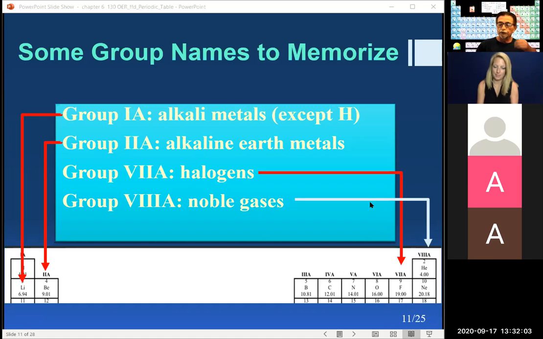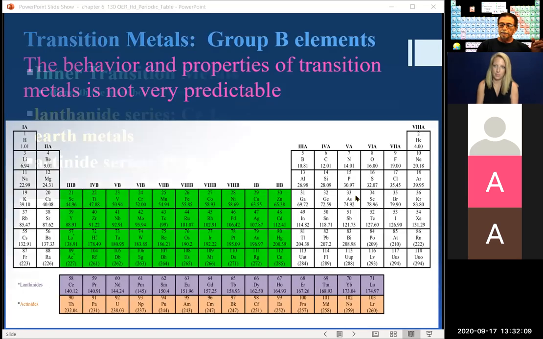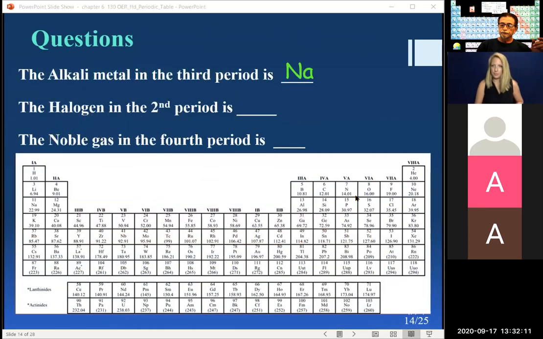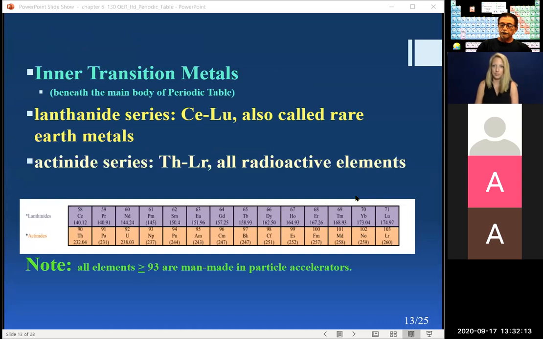Those are the general names for the elements in those particular groups. And then, of course, the F block has its own little name series. One is the lanthanide series, and the second one is the actinide series.